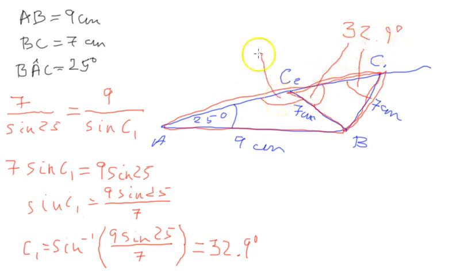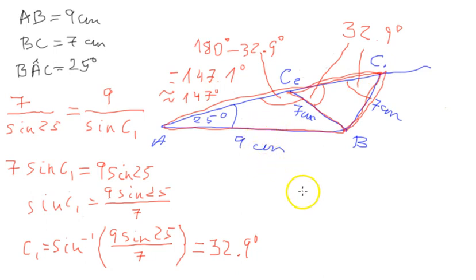So then I know that this angle here is 180 minus 32.9 degrees, okay? Which gives me 147.1 degrees. If I round to 3 significant figures, I get 147 degrees.